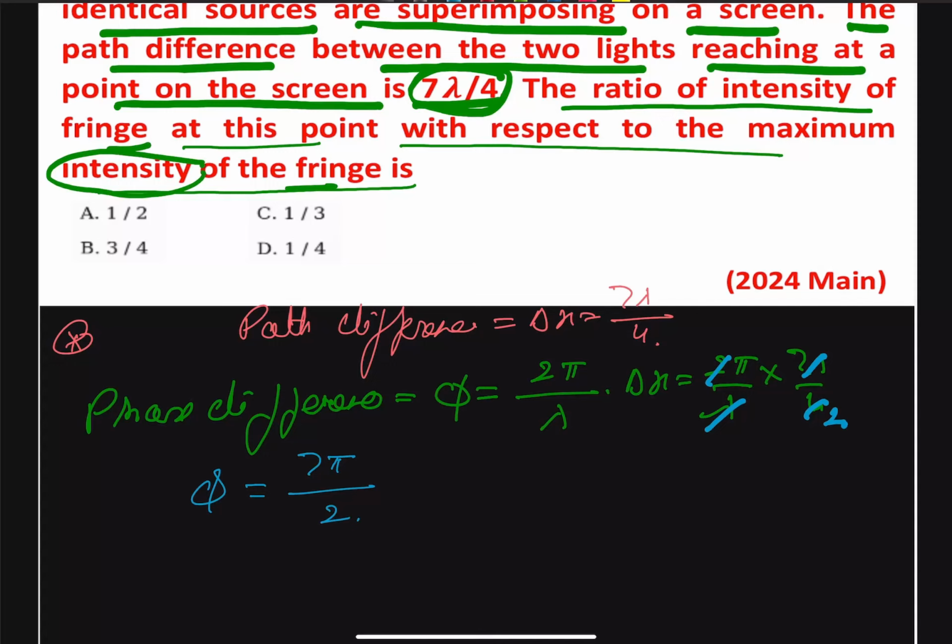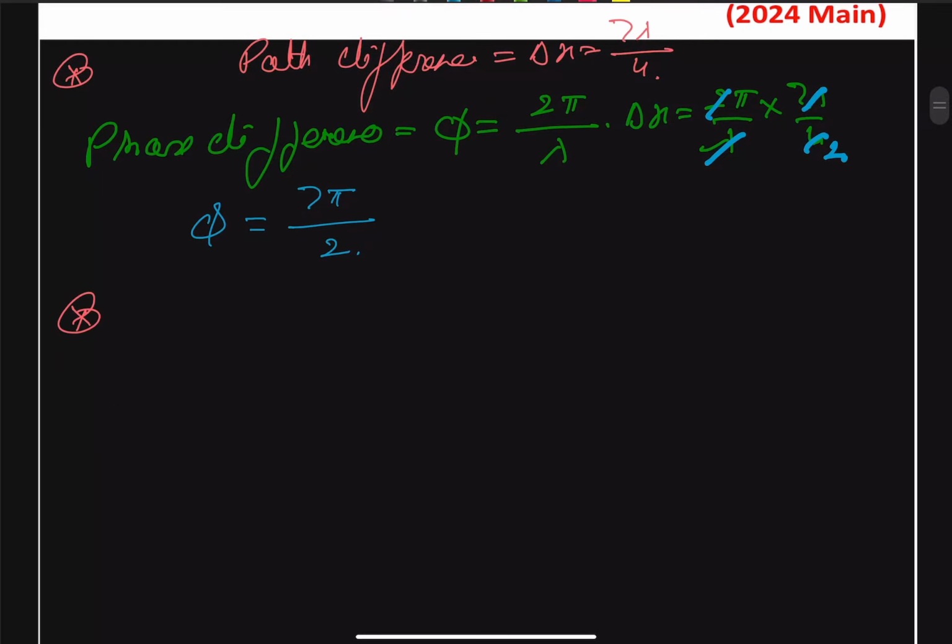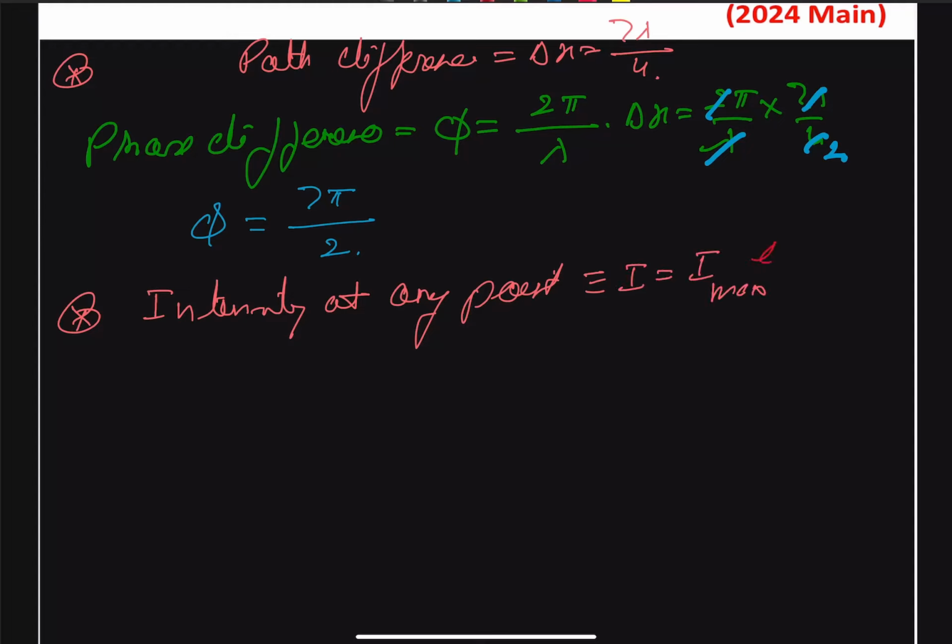And we know that the intensity at any point relative to the maximum intensity can be denoted by a formula. If the intensity at any point is given as I, then I is equal to I max times cos square of the phase difference divided by 2.